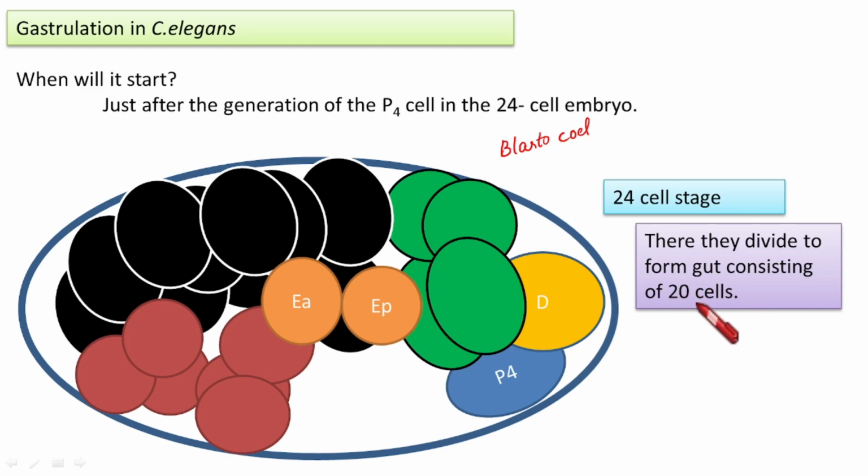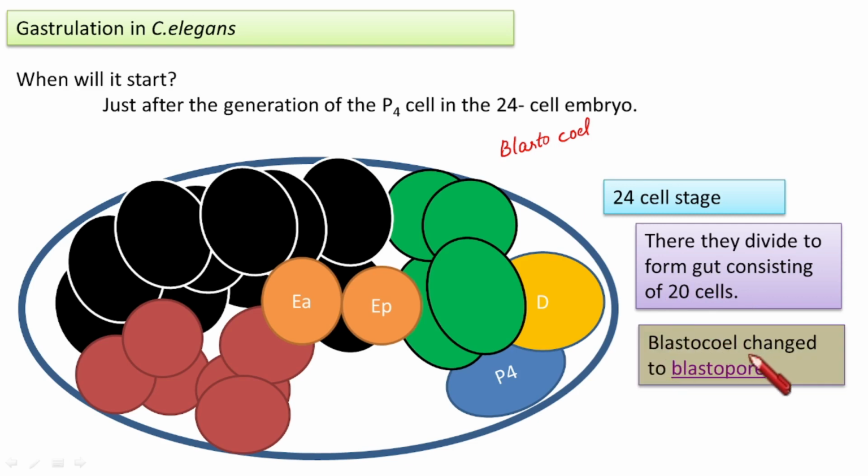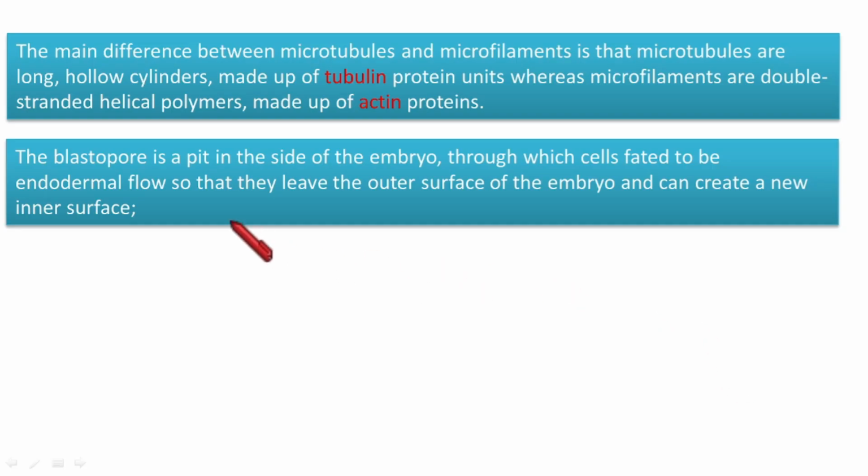As a result of that process, the blastocoel is reduced to a pit. Its name is blastopore. The blastocoel gets reduced to a pit, its name is blastopore, and through this pore, the cells destined to move to the inner side of the embryo enter. Clear?